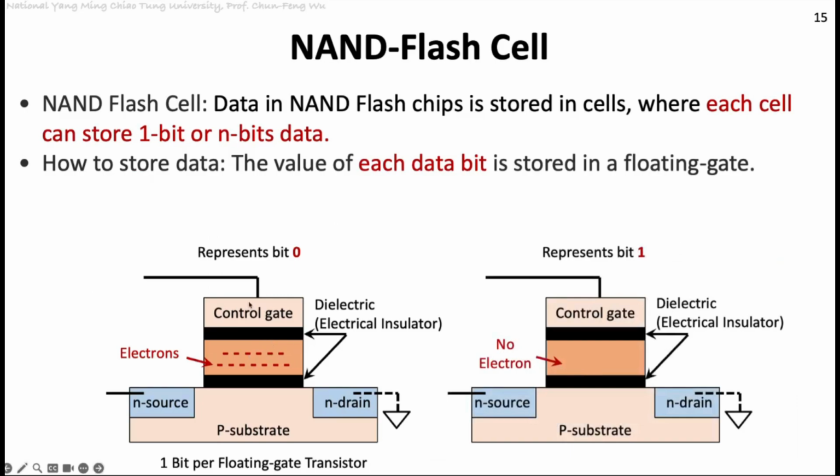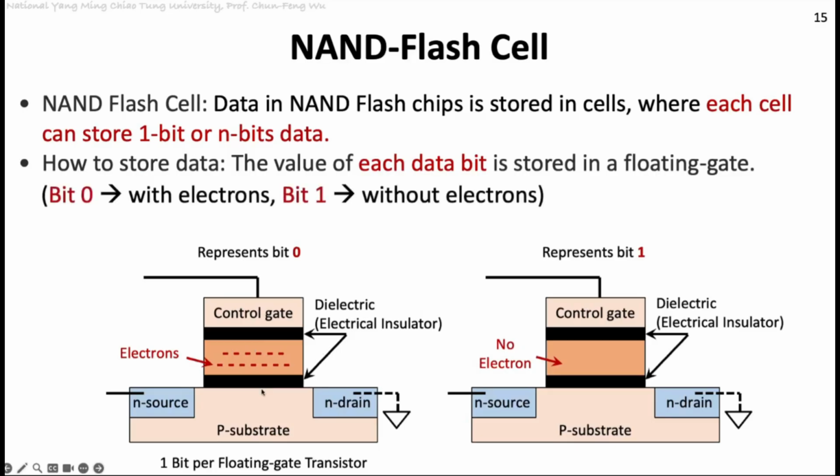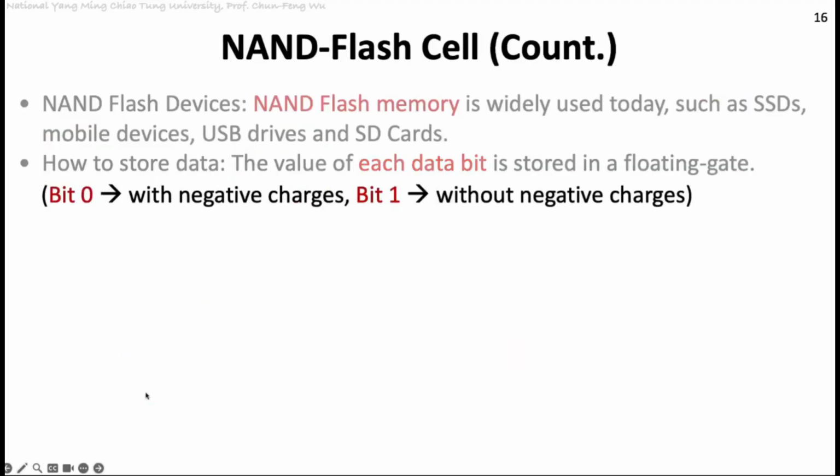You just put it there, and the dielectric will show the insulator characteristics. So the electrons will be captured inside the floating gate, and the data is always there. This is the very brief concept of how the floating gate represents 0 or 1.